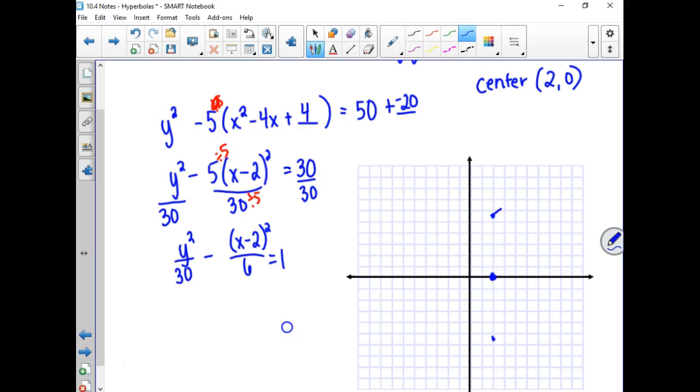And then I just need you to draw in your curves as long as it is a curved line and it's opening the right direction. That's good enough for me. We could get much more specific on trying to make that perfect, but we'll just go with this. Okay, questions?